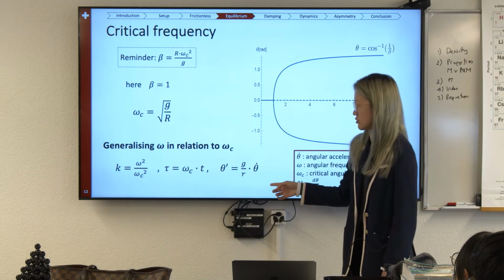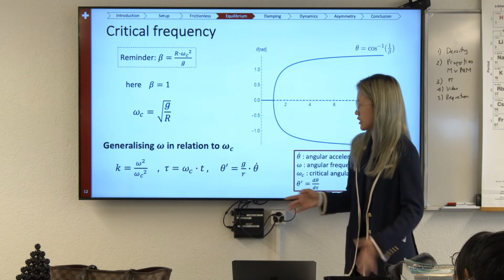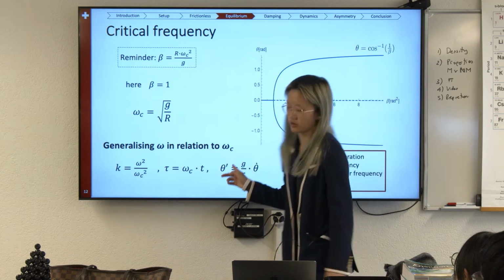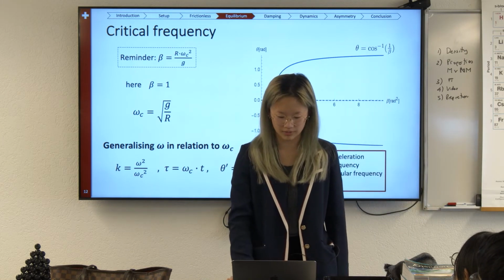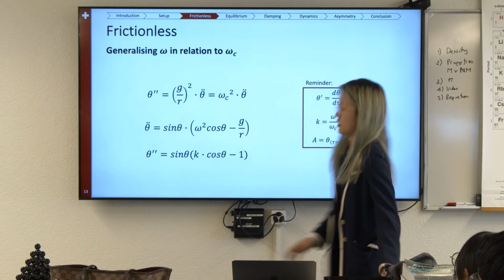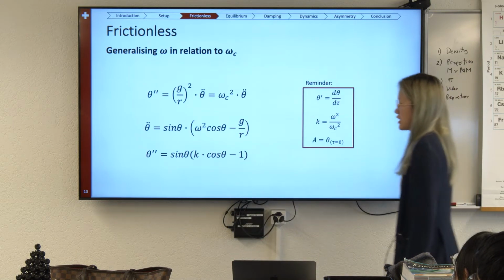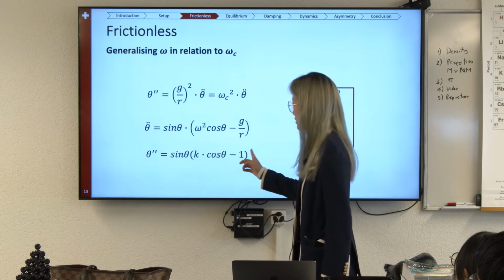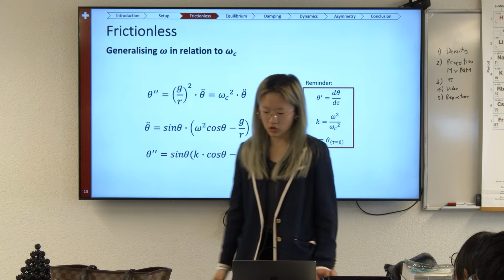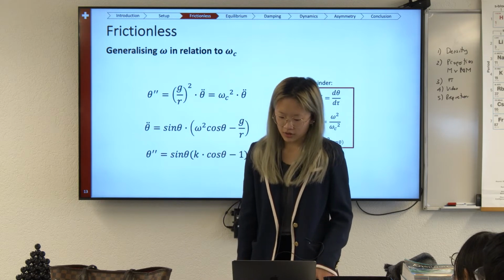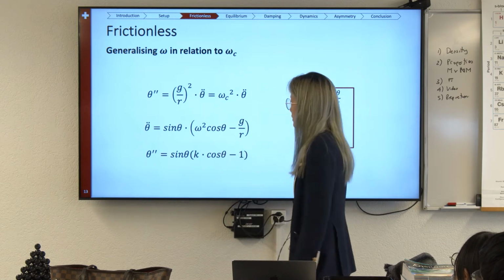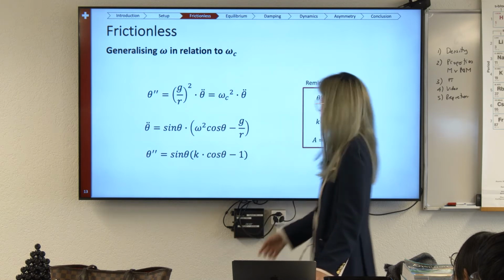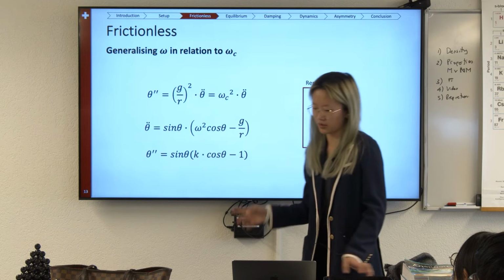Theta prime relates the rate of change of the angular displacement to the critical angular frequency as well. In order to establish a phase plot, we need to establish a relationship between theta prime and theta. So theta prime equals the critical angular frequency squared times theta dot, as we discussed earlier.